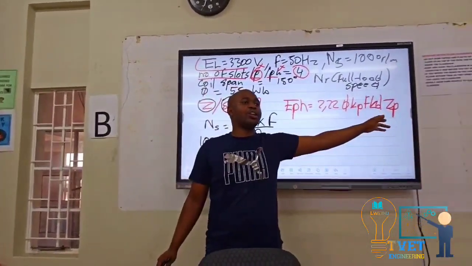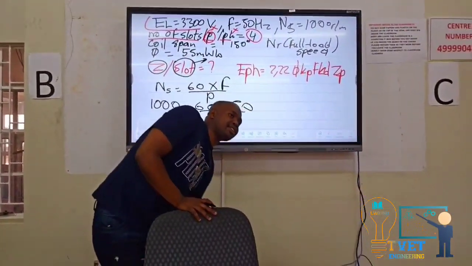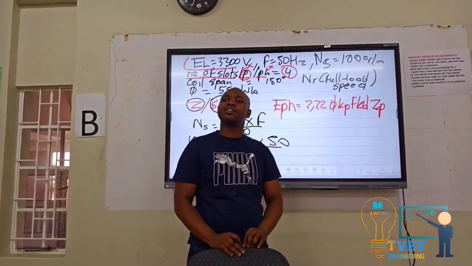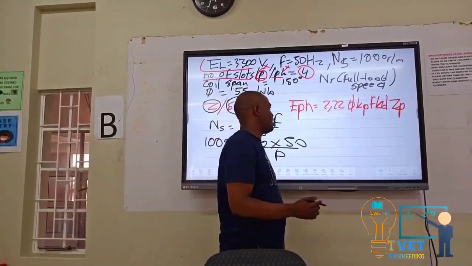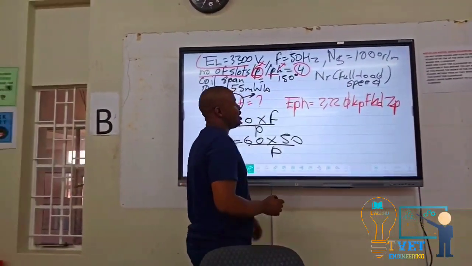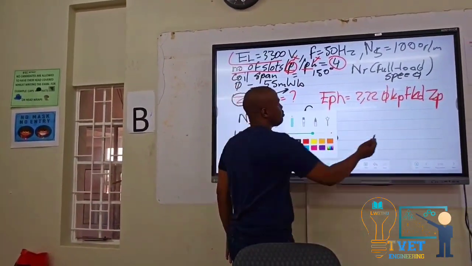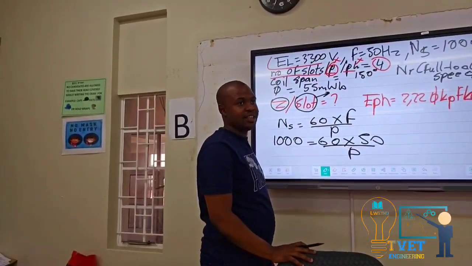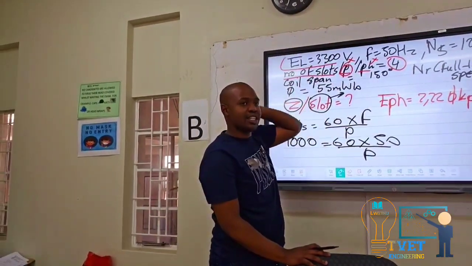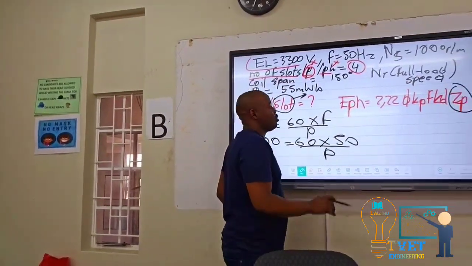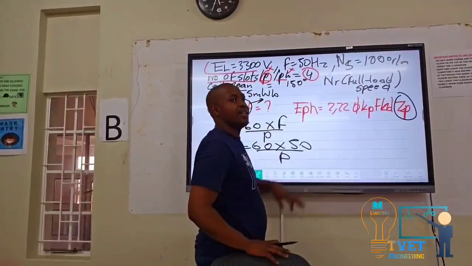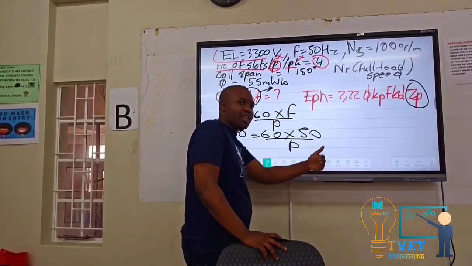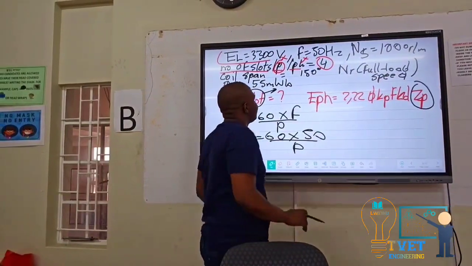And that is conductors per phase. Z per phase, where Z means the total number of conductors. So I want to find the conductors per phase. Once we find the conductors per phase, I would multiply that value by 3 in order to get the total conductors.